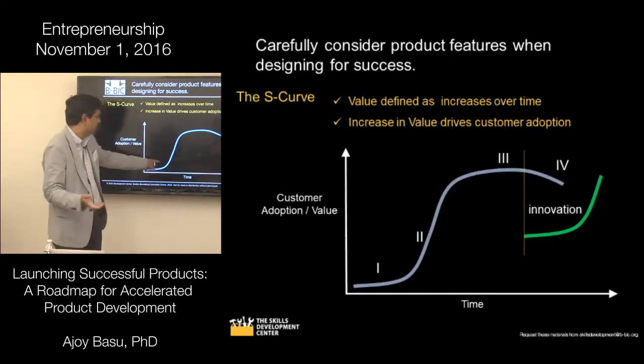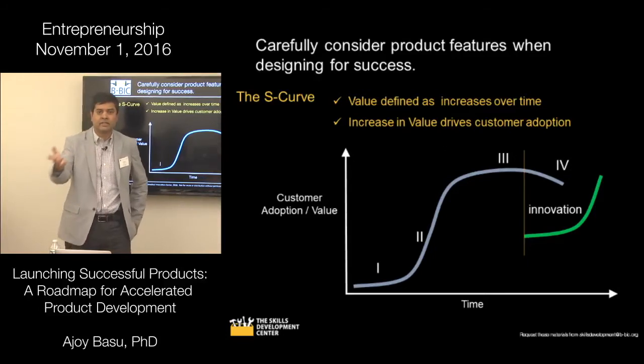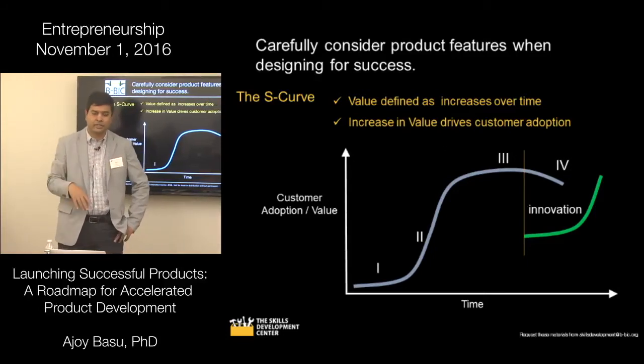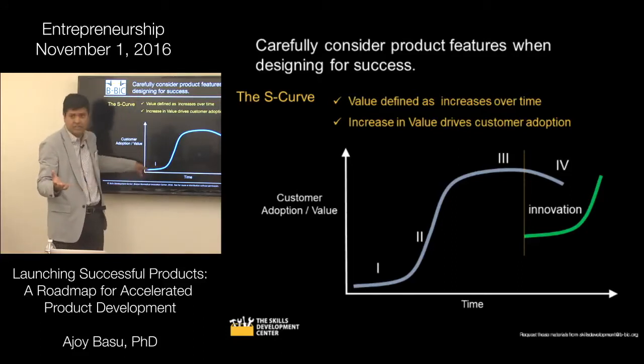So if this is where, let us say you're working on a product where there are no good solutions, right? Everybody's trying to work on, let's say, self-driving cars. There is no clear winner, right? And that is somewhere over here.